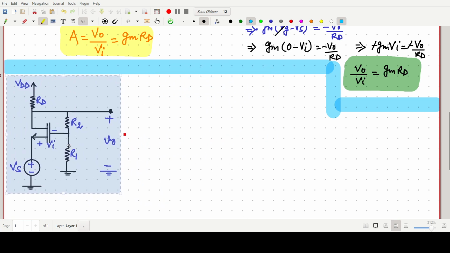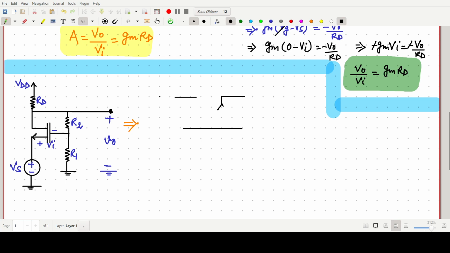The first thing we have to do is draw the AC equivalent model for the whole circuit. But here we also have some supply source. So first we will try to draw the transistor.